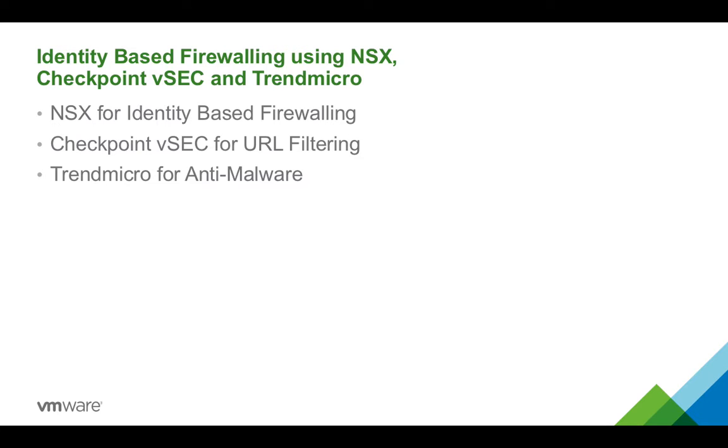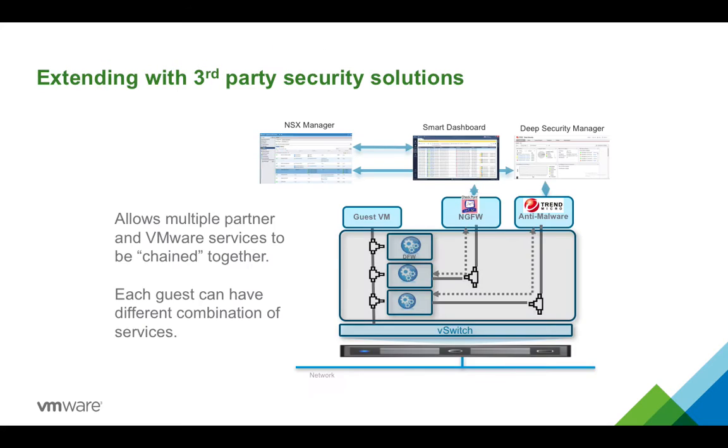And lastly, to prevent malware, I actually use the Trendmicro Deep Security solution for that, right? So the one good thing about this solution is you actually don't need to install any agents in the VM, right? So just to show you how we could use VMware NSX to extend to other third-party security solutions.